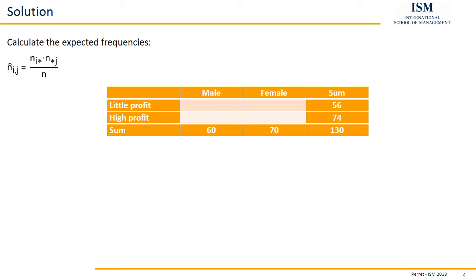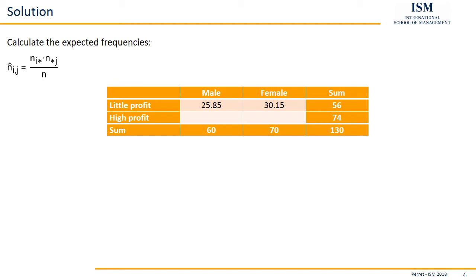So for example, little profit and male, we multiply 60 and 56 and divide the result by 130, giving us here a value of 25.85. Same we do for the others. So for female and little profit, we have 70 times 56 divided by 130, giving us the result of 30.15.